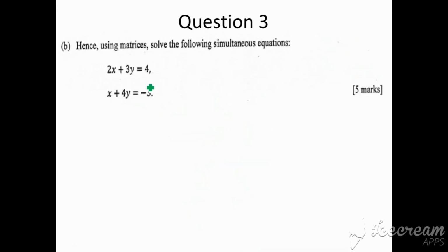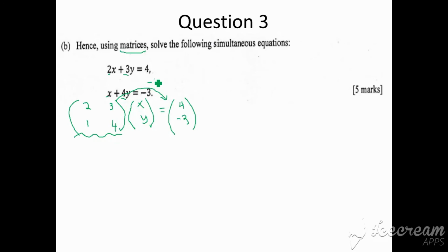Okay, B. Hence, using matrices, solve the following simultaneous equations. The first step, you copy down all the coefficients of x and y. So 2, 3, 1, 4, XY equals 4, negative 3. To find XY, we have to move this matrix to the right hand side, and it becomes the inverse matrix.